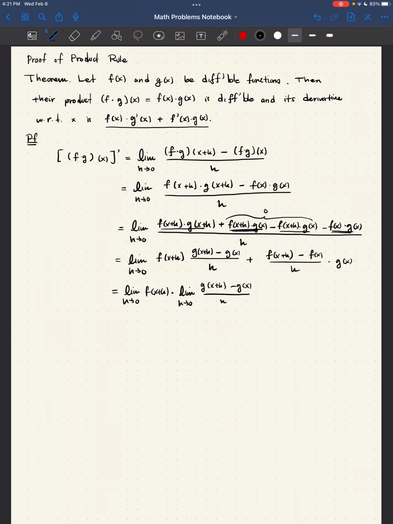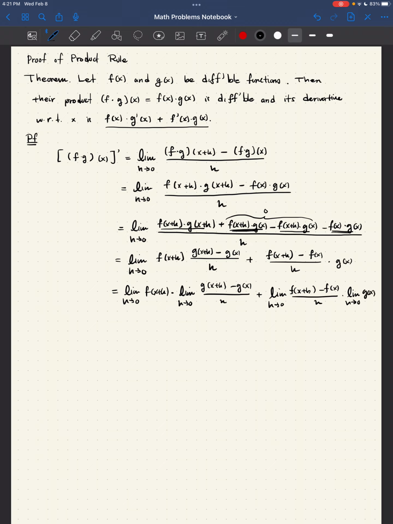And now this one plus the limit as h goes to 0 of, not f of x, but directly f of x plus h minus f of x over h, times the limit as h goes to 0 of g of x.